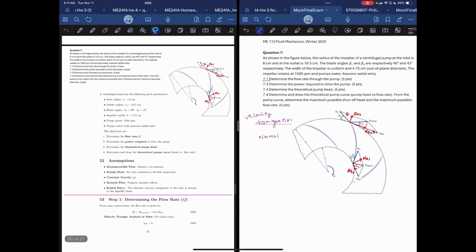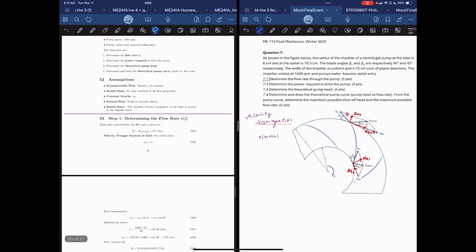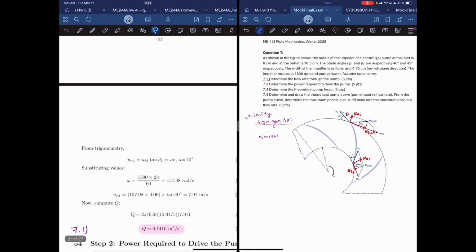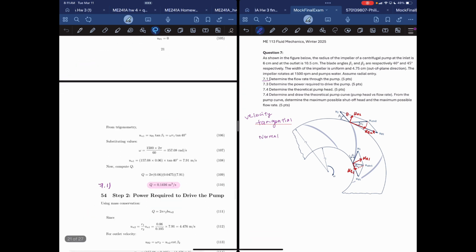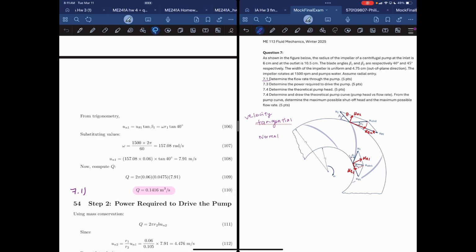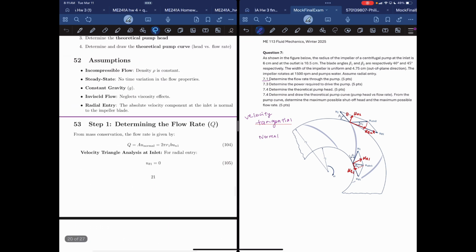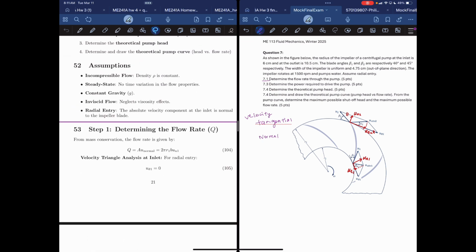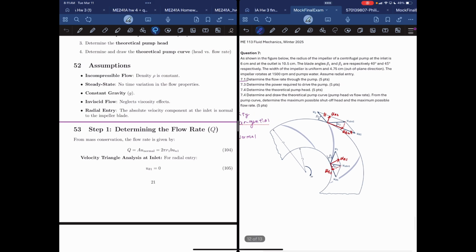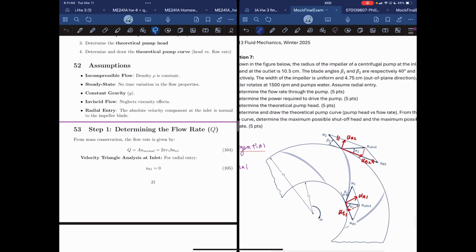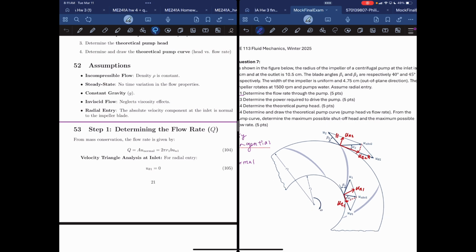Okay. So in this case, we're using the normal for 7.1, and it says in the problem, that's what I was trying to imply, that it's radial entry.